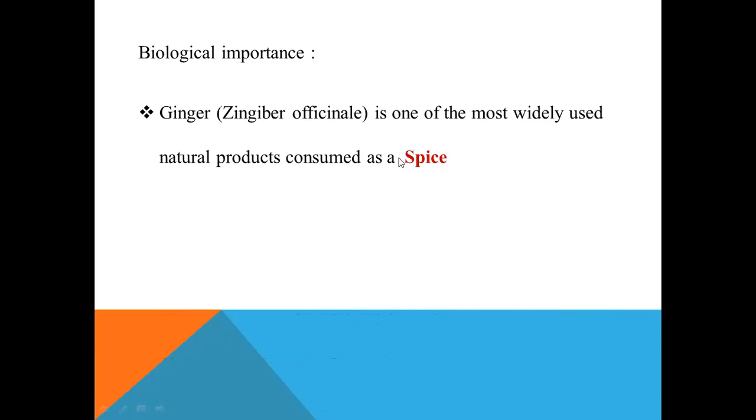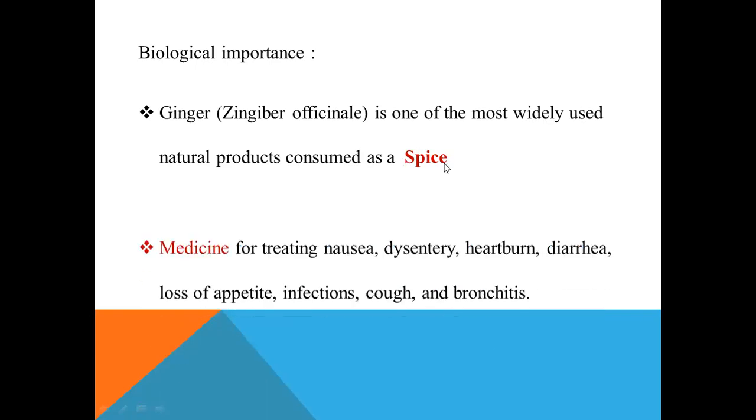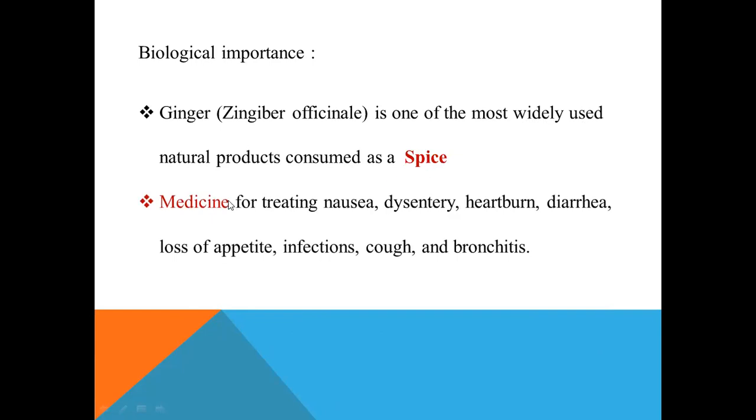Usually we use more ginger as a spice in non-vegetarian foods. And a very important thing is that it is used as a medicine. Ginger is used as a medicine for treating nausea, dysentery, heartburn, diarrhea, loss of appetite, infections, cough, bronchitis, and many more.